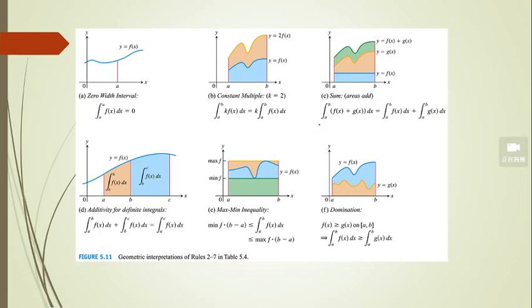Then the area under the function curve f(x) plus g(x) from A to B, that is all those areas of the regions. What does this one equal? This one equals the area of the blue region plus the area of those under g(x). Under g(x) means all those, not only the brown color, okay?